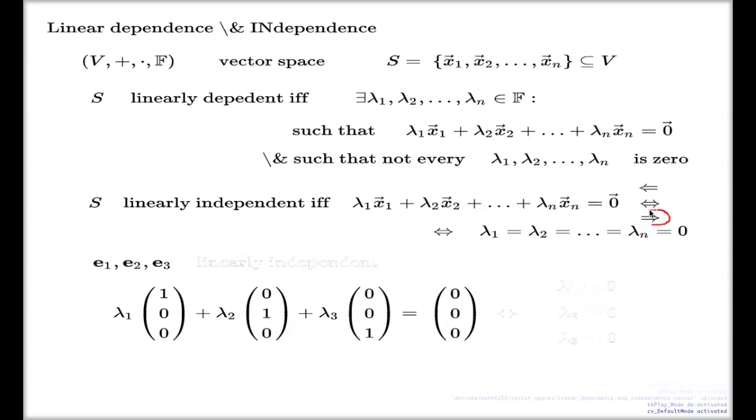The left-hand side, combined into a single vector, is just a vector with components lambda 1, lambda 2, lambda 3.